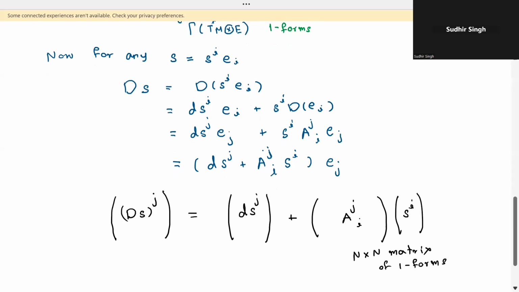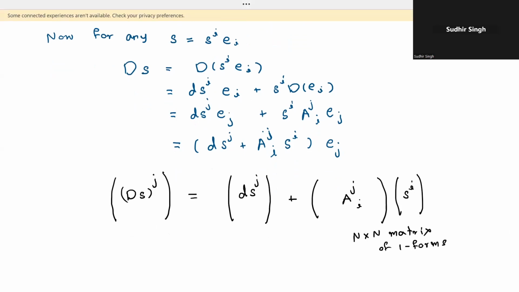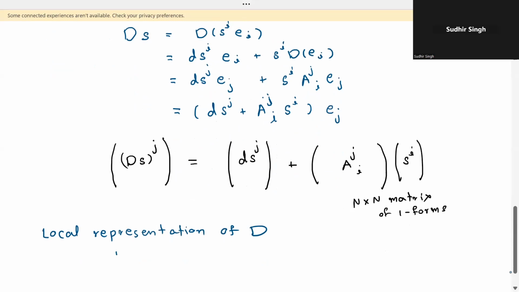So locally we have this expression, and to summarize, a local representation of D: DS, you can write it as capital D S, so it's little dS plus A S. When we do computation, we can look at this as a column vector, and this is just an n by n matrix multiplied with an n column vector.